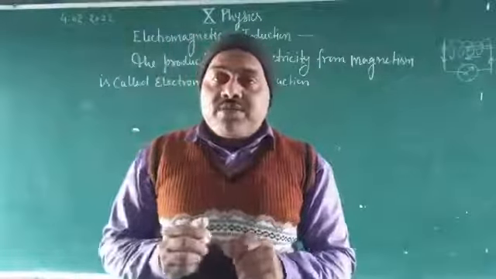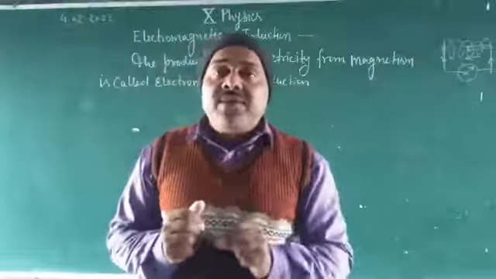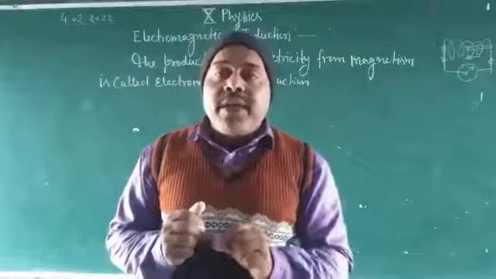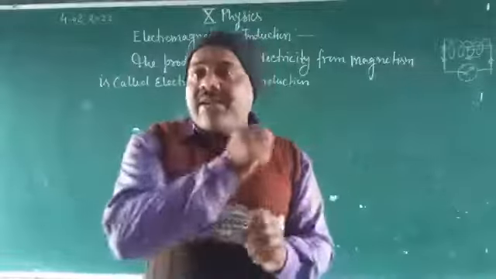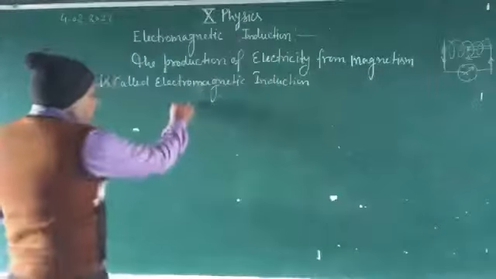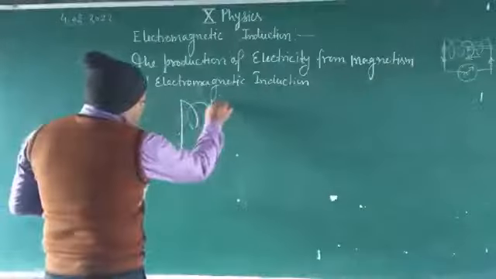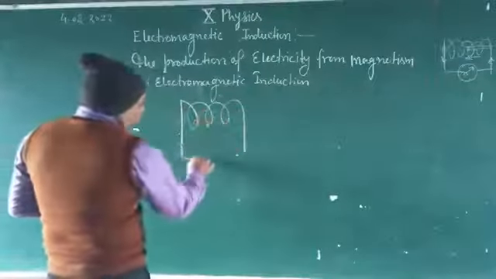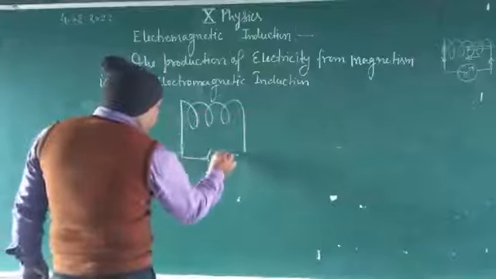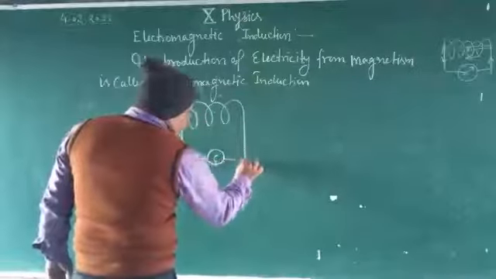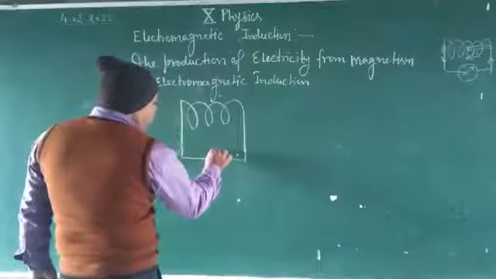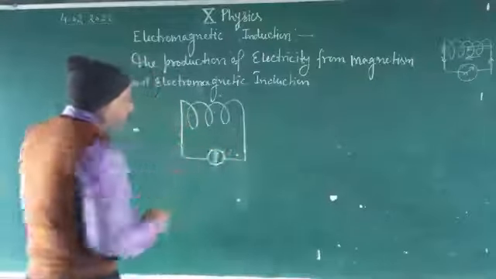Dear student, Faraday gave an experiment. According to Faraday, a bar magnet is placed near a coil, and here we connect a galvanometer, by which we can detect the presence of current.